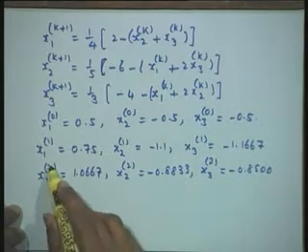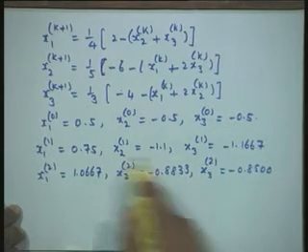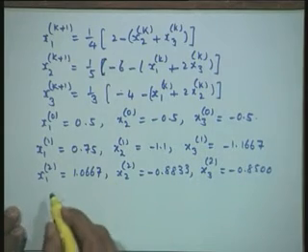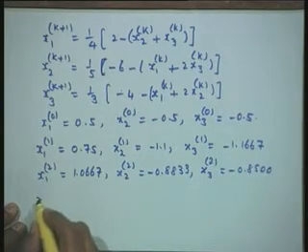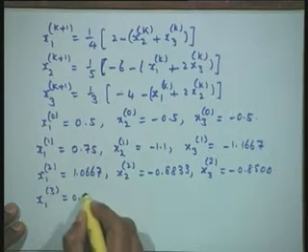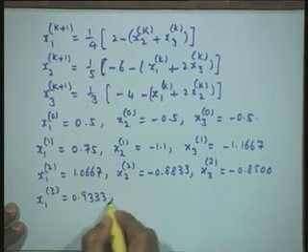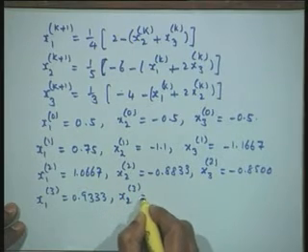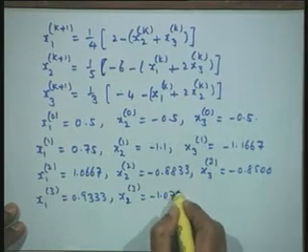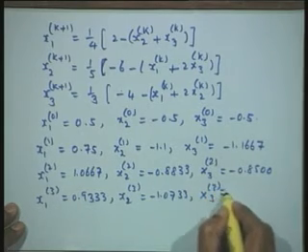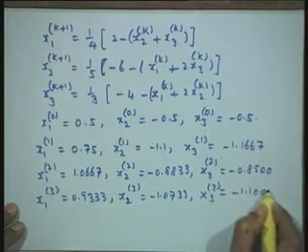We have got the values of x 1 of 2, x 2 of 2, x 3 of 2 using this set of values, and in the third iteration x 1 of 3 is 0.933, x 2 of 3 is minus 0.733, x 3 of 3 is minus 1.00.